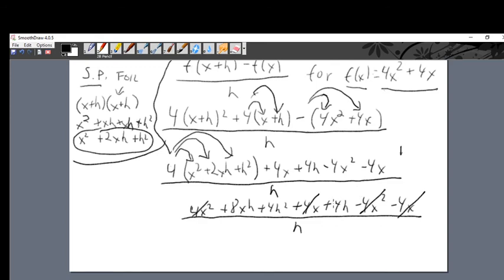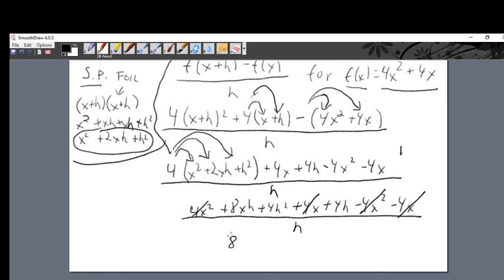Wait a second. Where is 4h squared? Here's 4h squared. That's good. Cancel those two out.